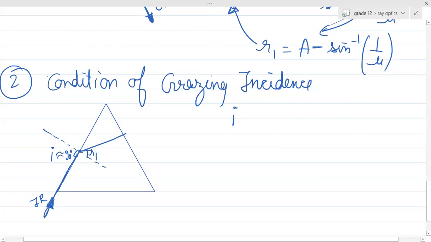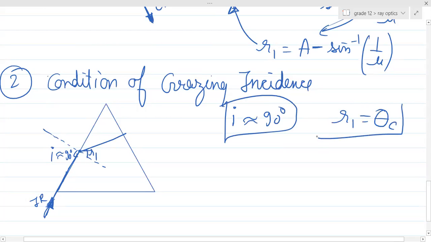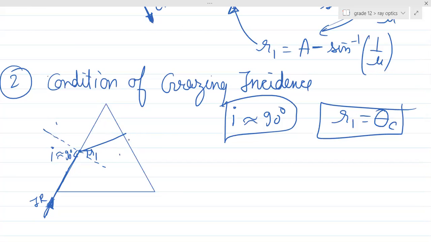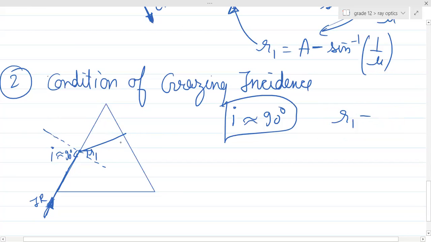Here I will be approximately 90 degrees, and accordingly R1 will become the critical angle. And we know how to calculate the critical angle, right? Sin inverse of rarer upon denser.